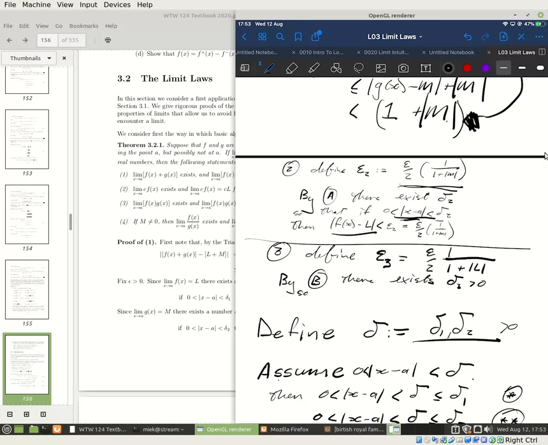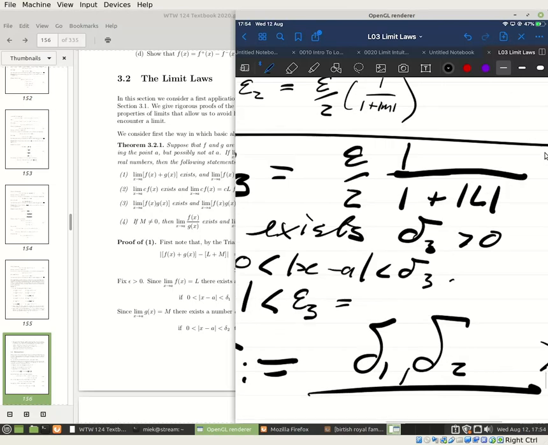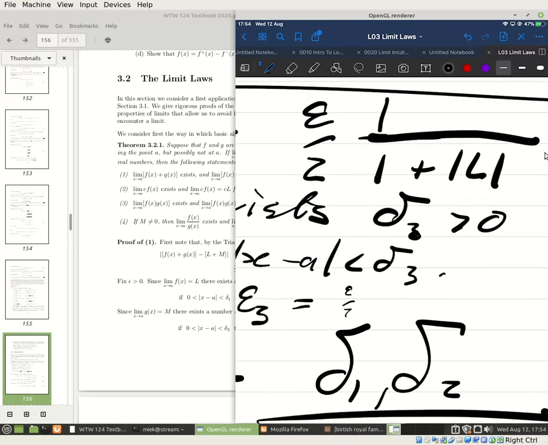So that if 0 is less than absolute value of x minus a less than delta 3, then absolute value of g of x minus m is less than epsilon 3, which is equal to epsilon over 2 times 1 over 1 plus absolute value of L.